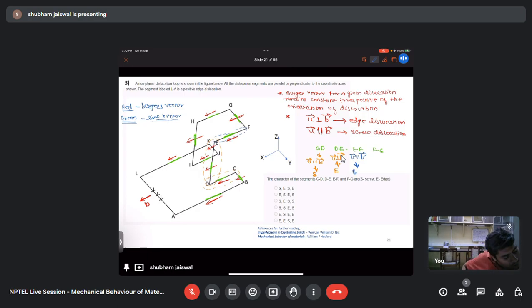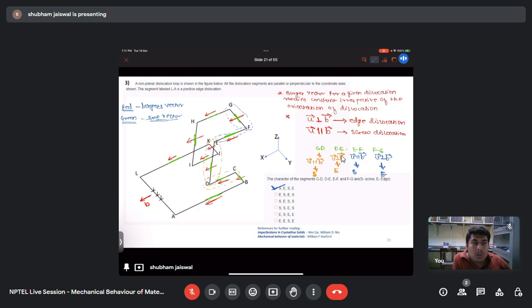Now they are asking at F and G. So at this F and G, U vector is perpendicular to B. So this is edge dislocation. So among these options, only the first option is matching with our answer. So this is the correct answer. That is screw, edge, screw, edge.